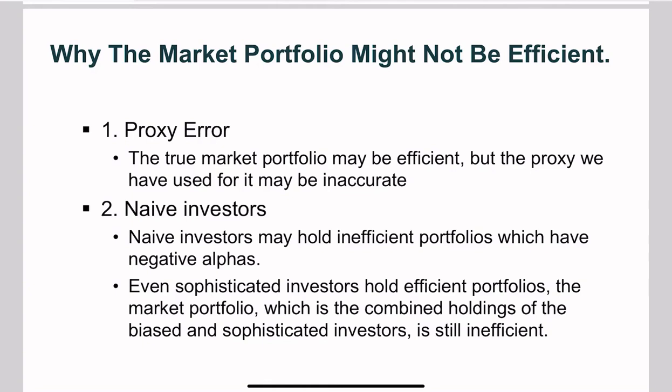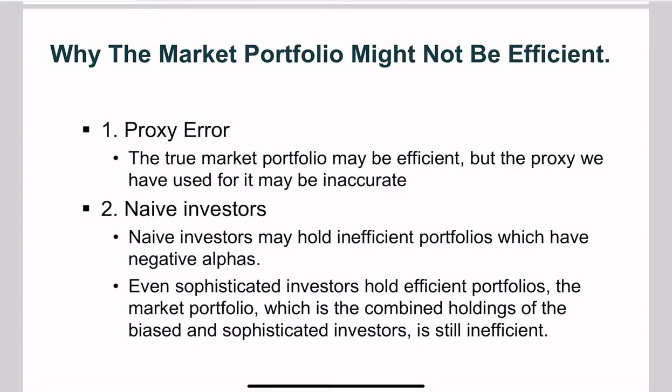For example, if you're thinking about the Canadian market, you will use the TSX composite index. If you're considering the US market, then one potential candidate for the market proxy is SP 500, which is again an index.